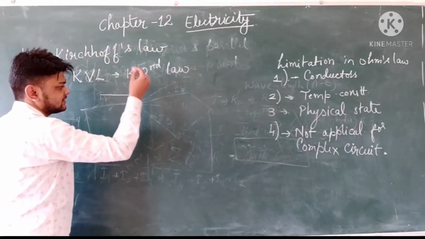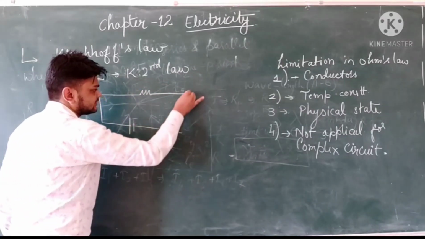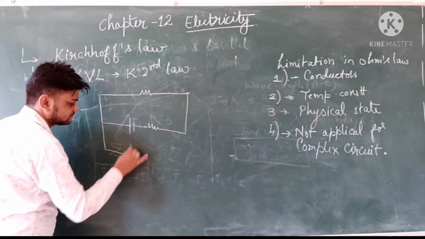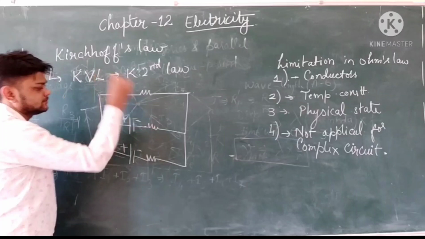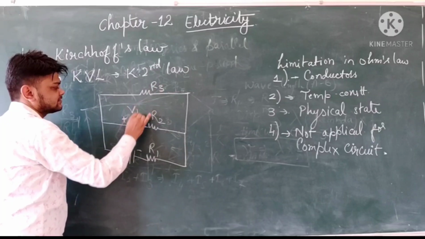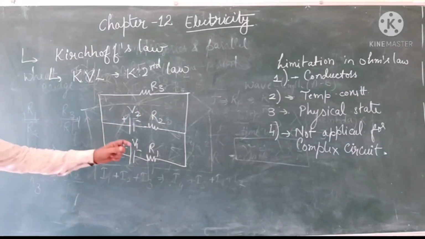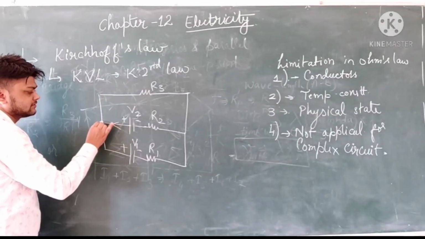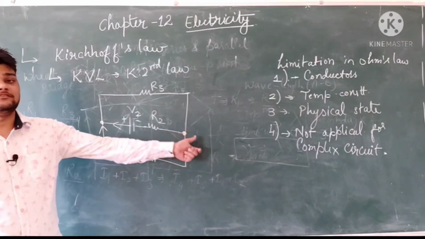If I take generally a circuit having some resistances and two batteries connected in different order, having resistances R1, R2, R3 and potentials V1 and V2, both the currents are going towards this point. This is a junction where current is getting divided.